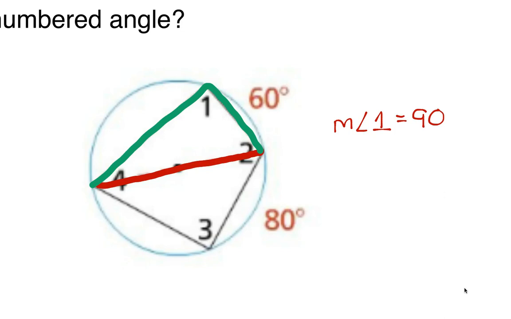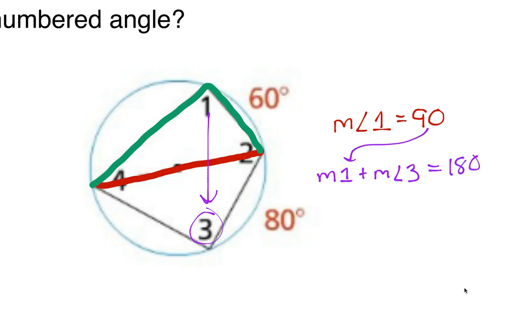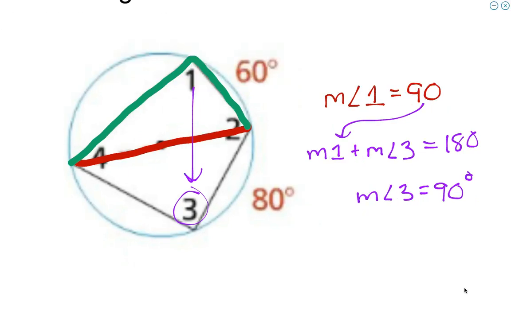And corollary number 3 says the opposite angle is supplementary. So we know that the measure of angle 1 plus the measure of angle 3 equal 180. So that means that the measure of angle 3 must also equal 90 degrees. You can get at that using corollary 2 for both of them. You don't have to use corollary 3 to think about it that way, but that's what they want you to think here.